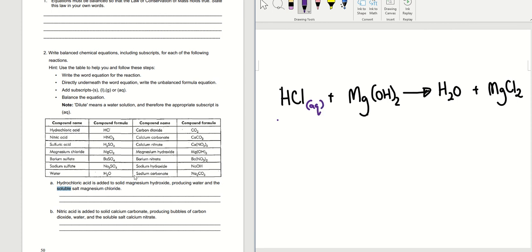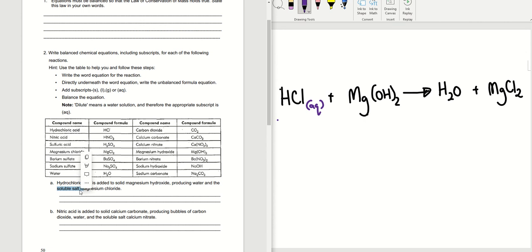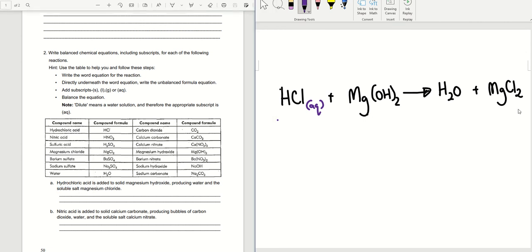Another one that will be aq is the magnesium chloride because it says it's a soluble salt. So that means the magnesium chloride is dissolved into water. So this is also going to be aq. Obviously, I'm missing some space here, but try and fit it in the same spot.